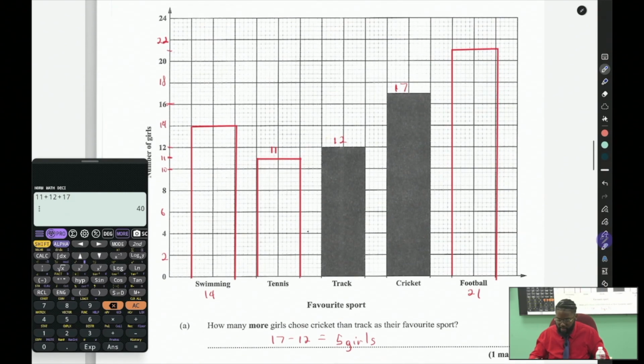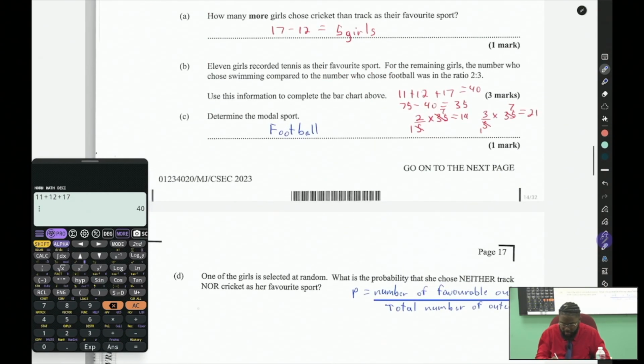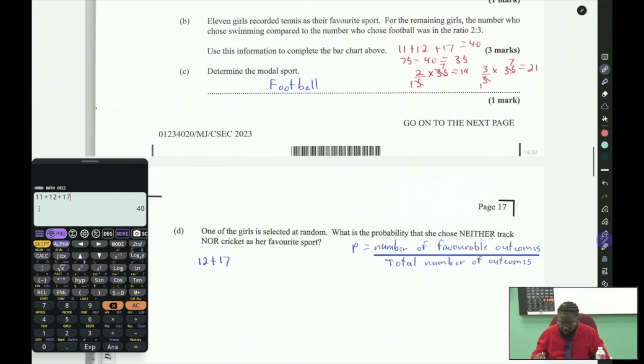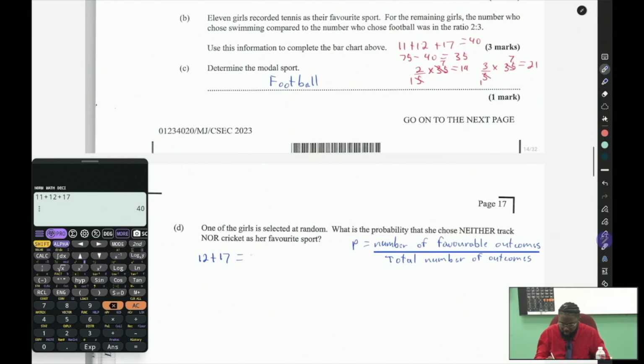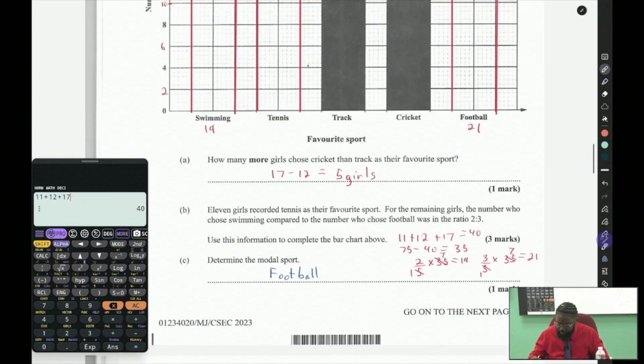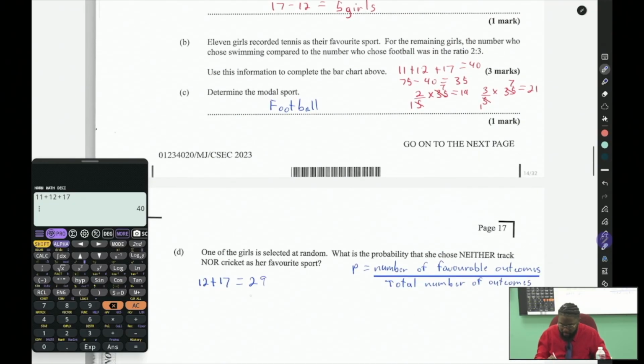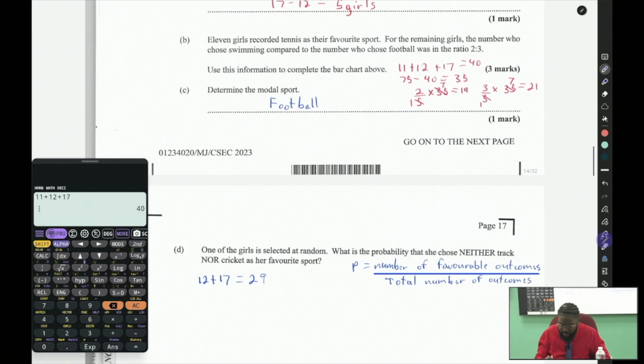Cricket and track, 12 plus 17, would be equal to 29. So 29 subtracted from 75, since it's 75 total girls, will give us 46.